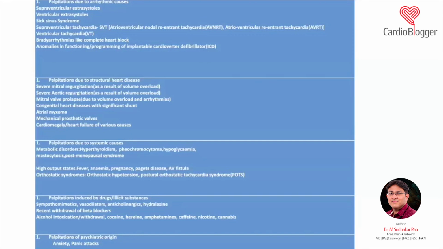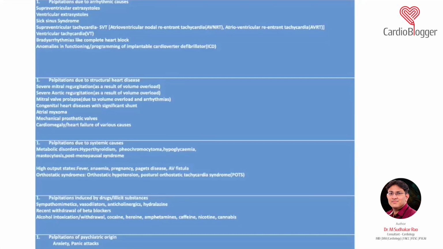There are some high outflow states like an AV fistula. A CKD patient having a fistula can sometimes have a palpitation. Paget's disease, which we know. A pregnant woman has high stroke volume, high cardiac output, which can present with palpitation. Then we know that there are various drugs which can cause it, like inhalers such as beta agonists or bronchodilators, or drugs like hydralazine.